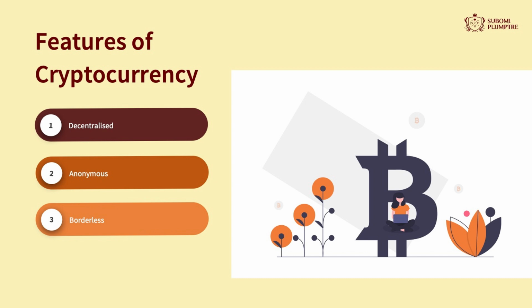So it's completely borderless. It's also 24/7. So while stock markets operate from maybe 9 a.m. to 4 p.m. every day and don't open on Saturdays and Sundays, cryptocurrency exchanges are open 24/7. So you can literally trade and make money at any time of the day and any day of the week. Cryptocurrencies can be traded. So people like cryptocurrencies because apart from people putting a store of value or giving tokens a certain level of value, you can also trade it.